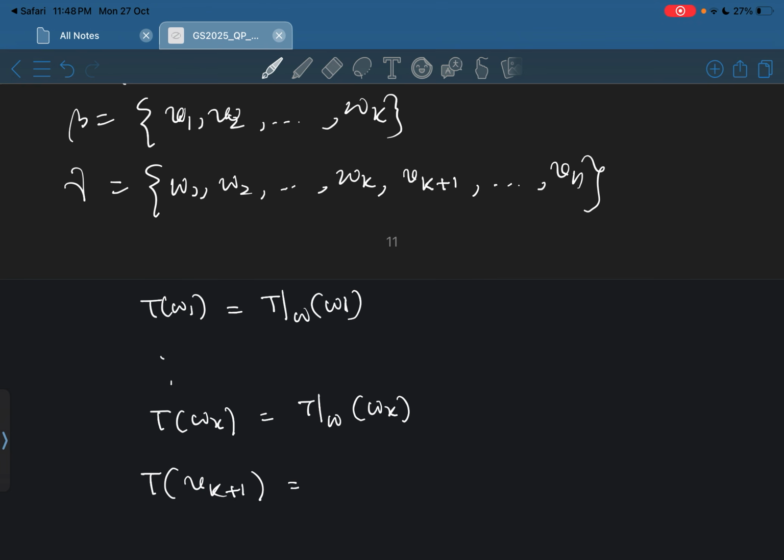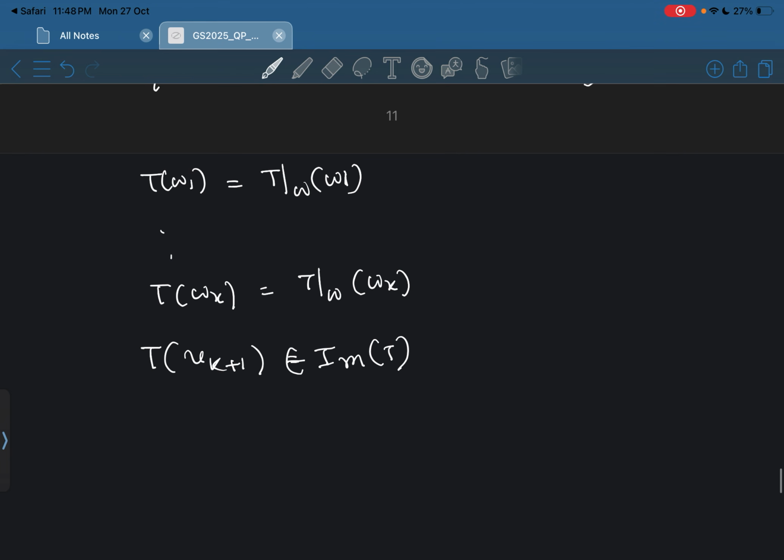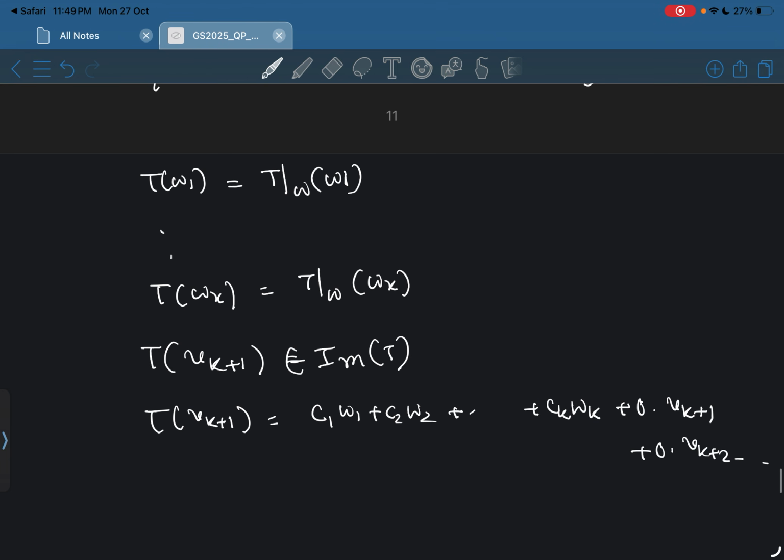T of Vk plus 1 is in the image of T. Since beta is a basis, T of Vk plus 1 must be C1 W1 plus C2 W2 up to Ck Wk plus 0 times Vk plus 1 plus 0 times Vk plus 2, and so on.